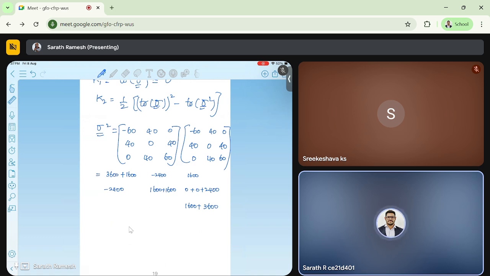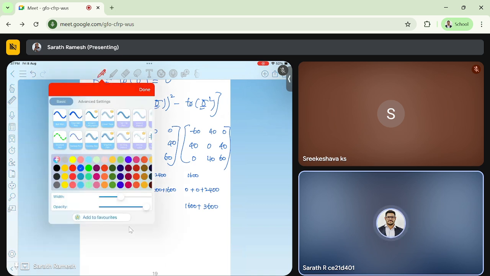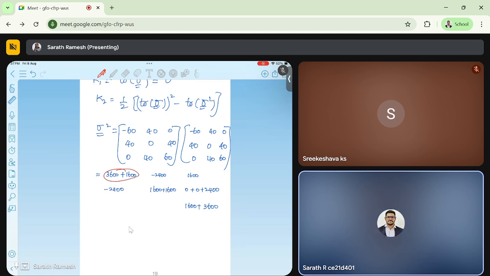Actually, we are interested only in the trace. So the trace of sigma square is this plus this plus this.